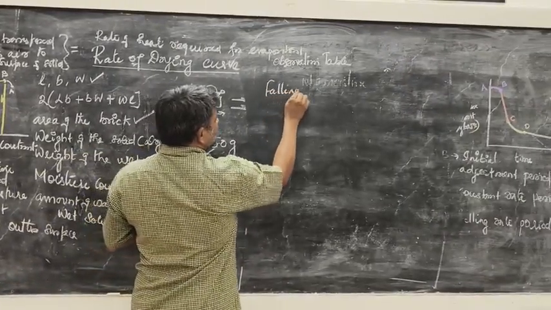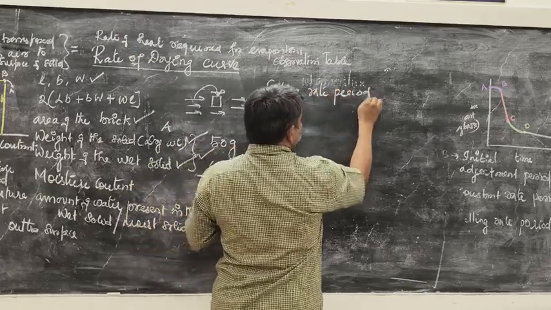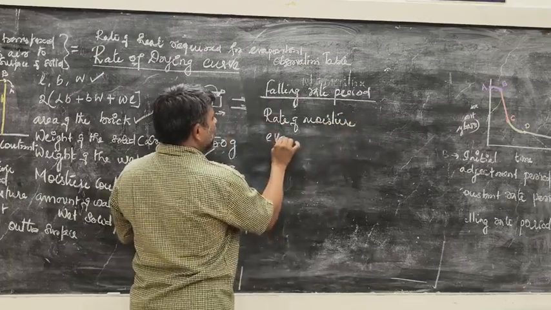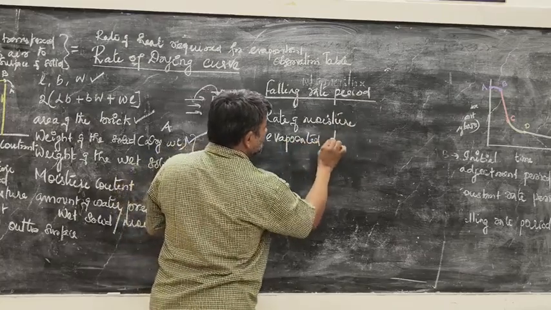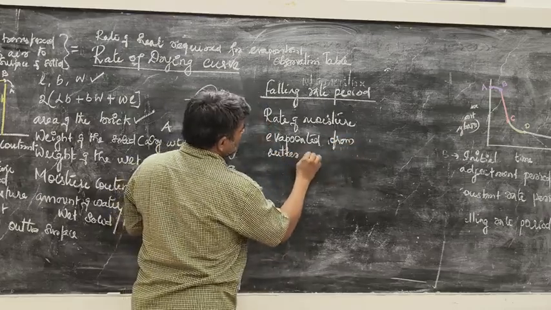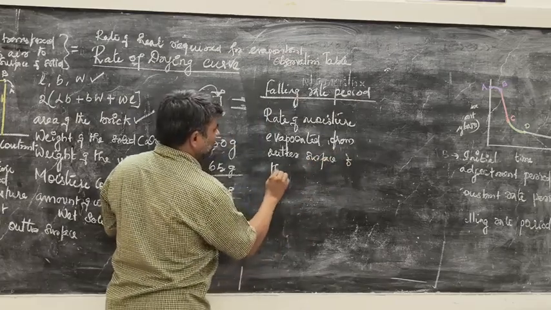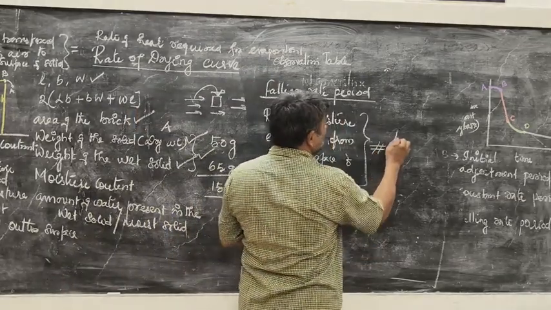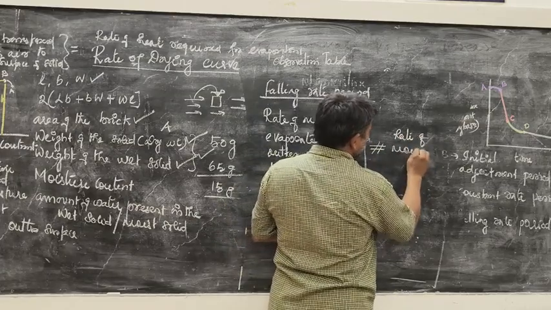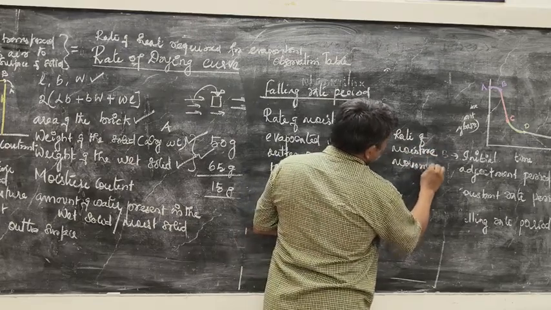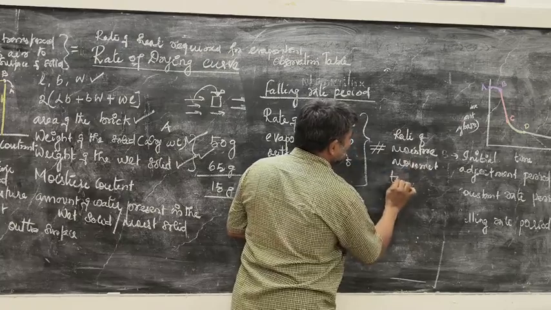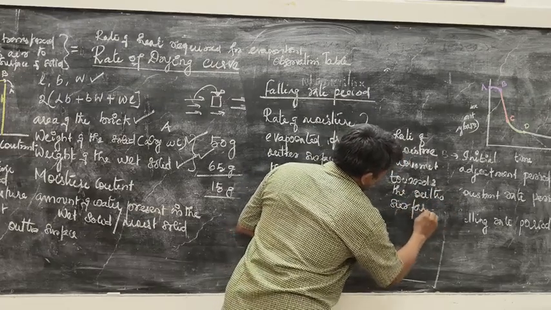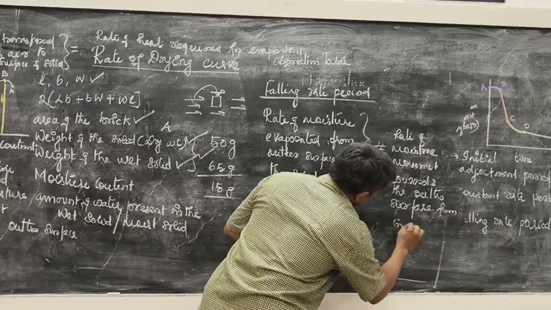In the falling rate period, the rate of moisture evaporated from the outer surface of the solid will not be equal to the rate of moisture movement towards the outer surface from inside of the solid.